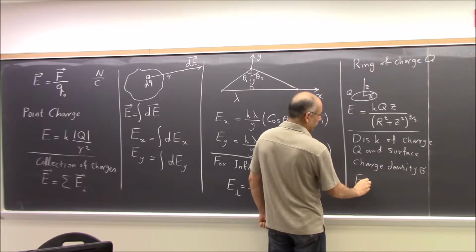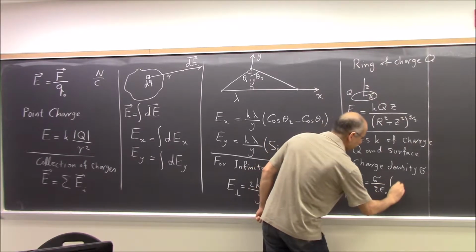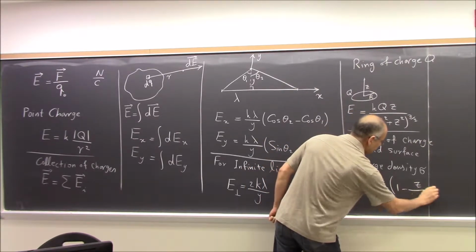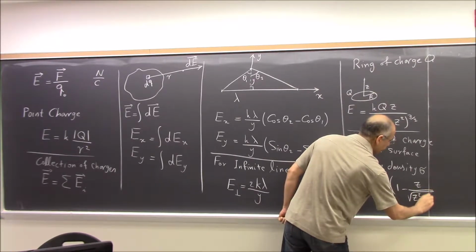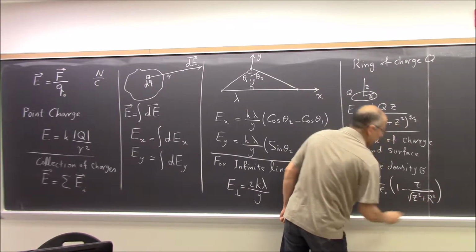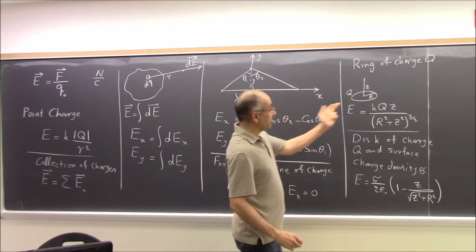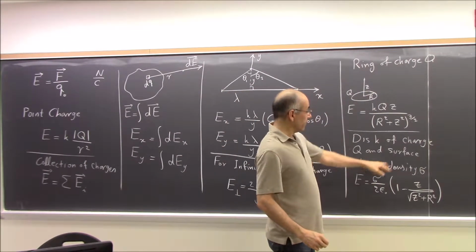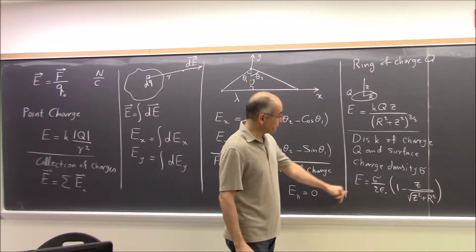E will be sigma over 2 epsilon naught times 1 minus z divided by the square root of z squared plus r squared. Again, z is that distance from the center, r is the radius of the disk, sigma is the uniform surface charge density over the disk.